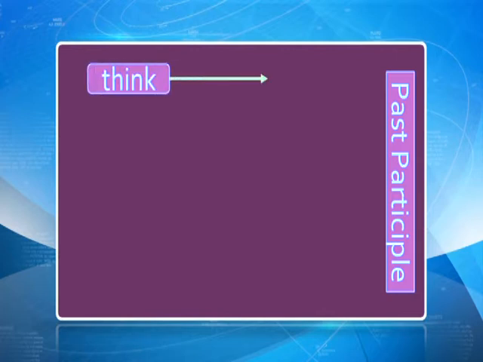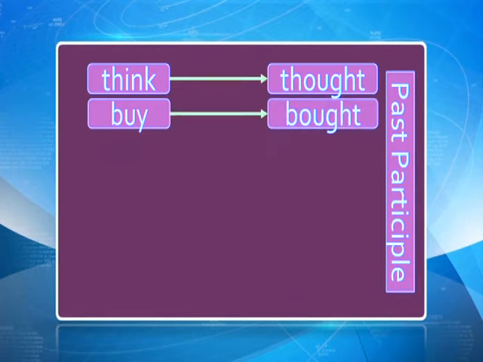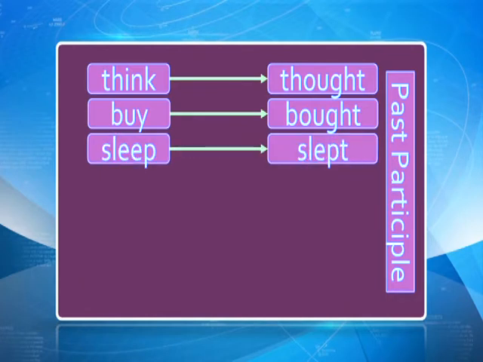You'll see it's fun. Now, the past participle of the verb think is thought. Go ahead. What do you think the past participle of the verb buy is? Good try. Bought. Next one is the verb sleep, and the past participle of this verb is slept. Also, dream.